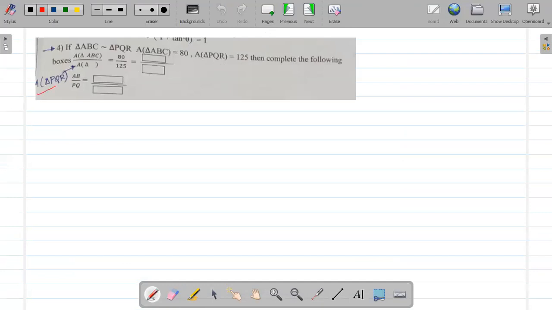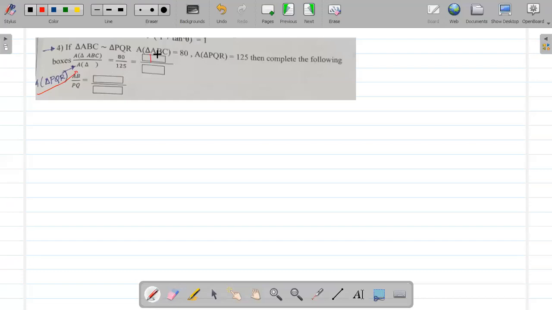Here there was again some correction. Triangle PQR is missing over here. These two triangles are similar and we are given the areas of the triangles and we can find the corresponding sides. Okay, so we start with reducing this 80 by 125. We can reduce by the table of 5.